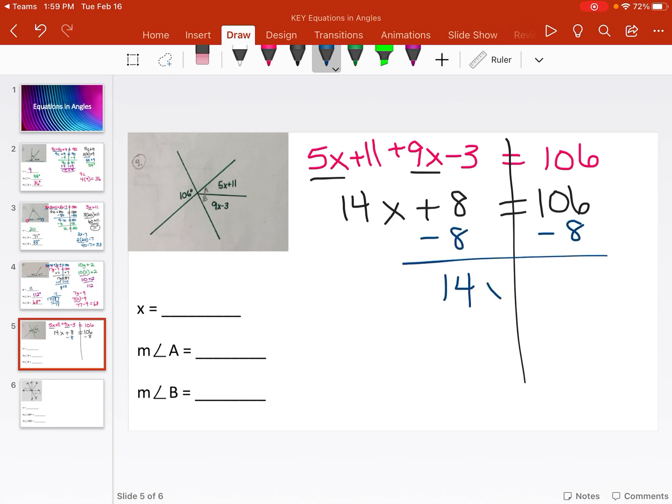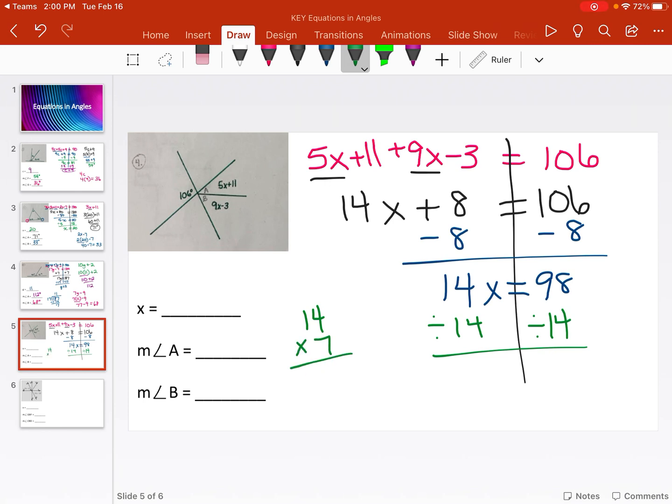So I have 14x equals 106 minus 8 is 98. And then I need to divide by 14. So let's see, I'm going to do some guess and check because I'm not really sure. So if you checked 14 times 7, that would be 98. So x equals 7.